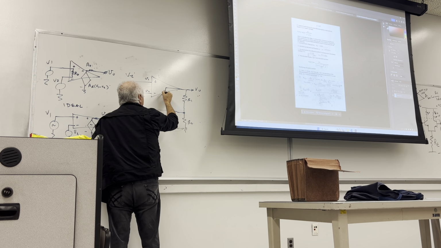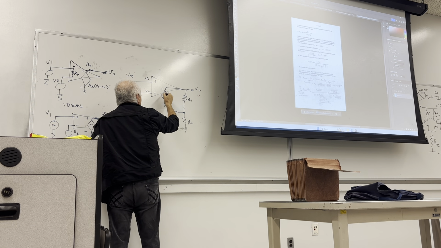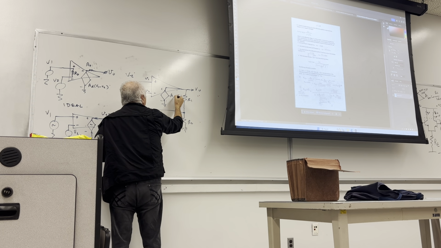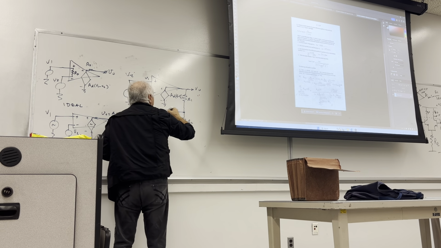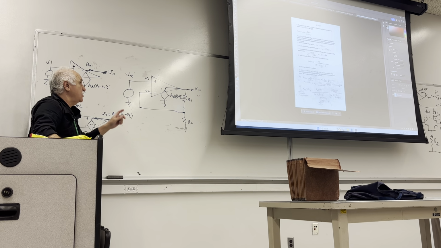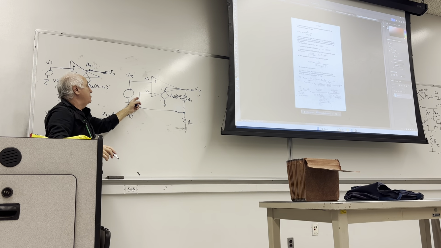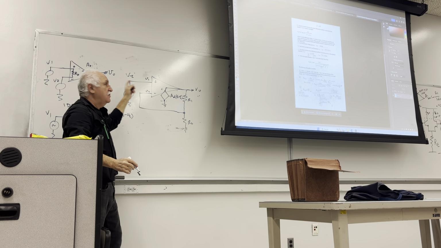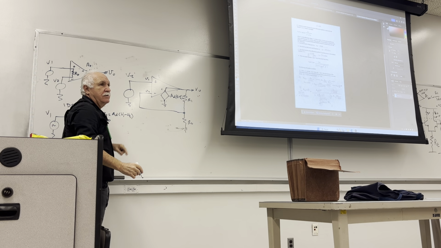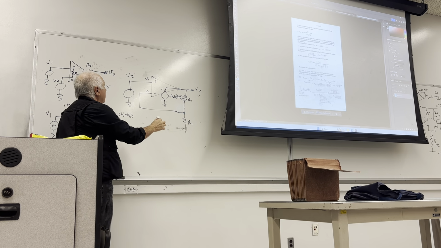And this is the internal dependent voltage source, plus minus AD times V1 minus V2. So now that they are interconnected, part of the output is building the input. What is the ratio of output voltage over input voltage? VO over VI. It's just simple algebra.